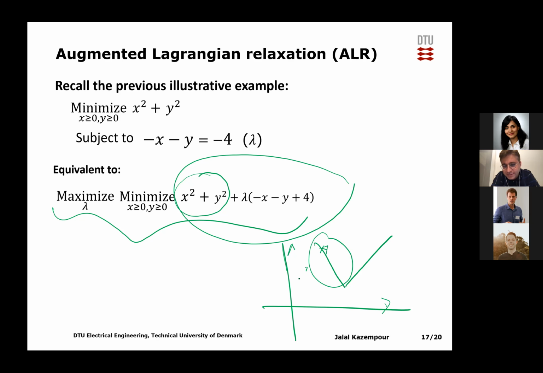Is it clear? So always, to be able to use dual-based techniques iteratively, we need to have a quadratic objective function. It's either originally quadratic, or if not, we have to make it quadratic. Clear?